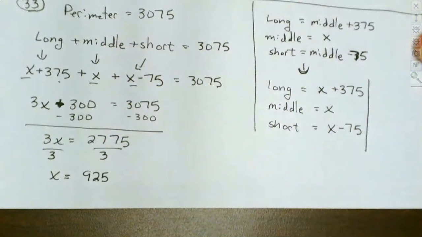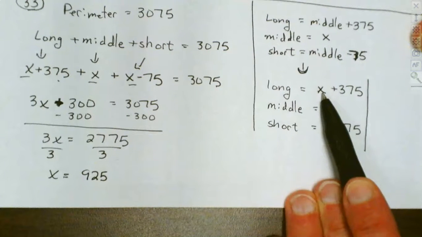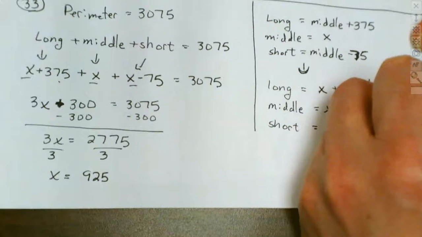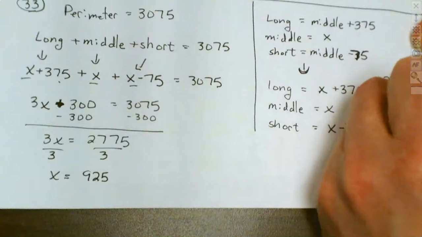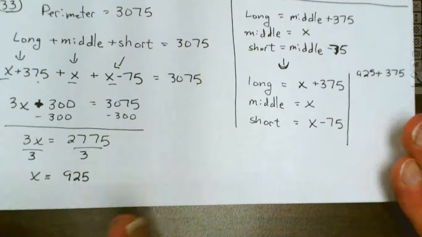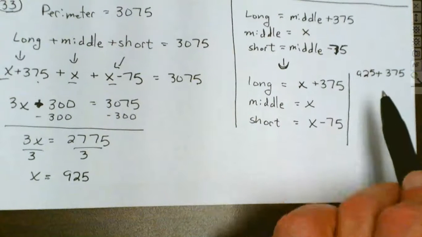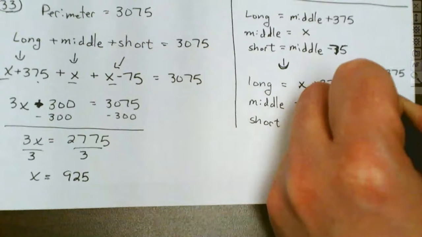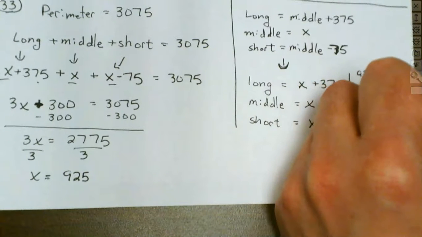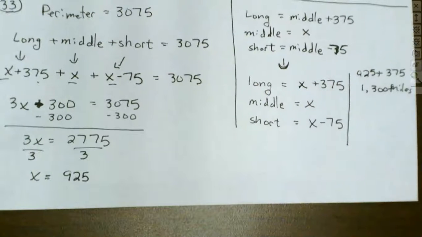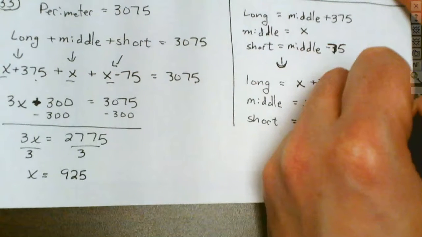Now we should be able to get all 3 sides. So we'll start over here with the longest side. So that's going to be 925 plus 375. So we can see here, because we're just going to work it out over here. So 925 plus 375. Well, that comes out to be 1,300 miles, not feet. So there's your first piece, 1,300 miles.